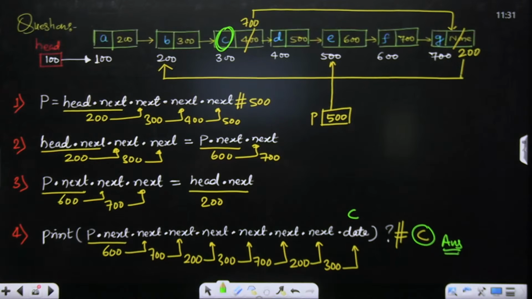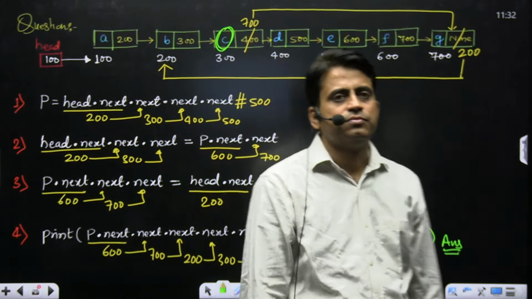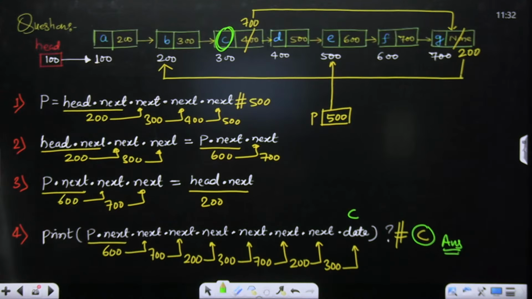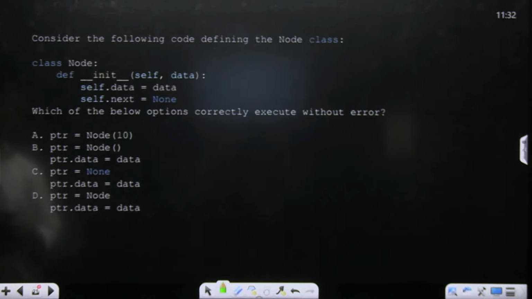So this is a very good question. This type of question can be asked in your GATE exam. Understood? Clear? Okay, no problem. Now, tell me, consider the following code definition.